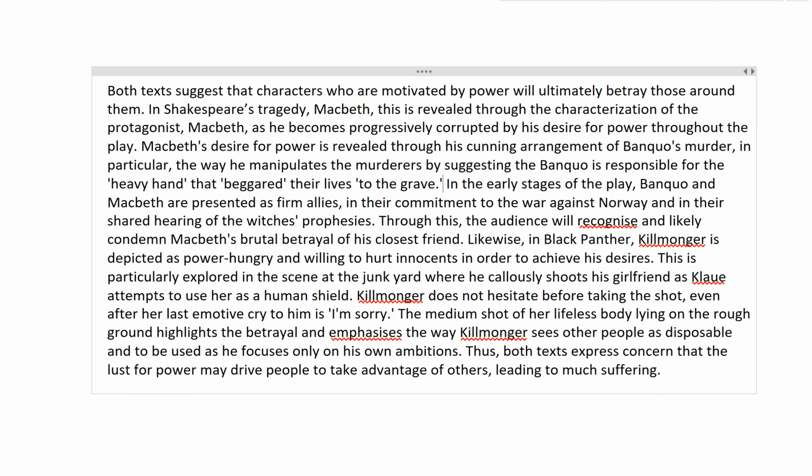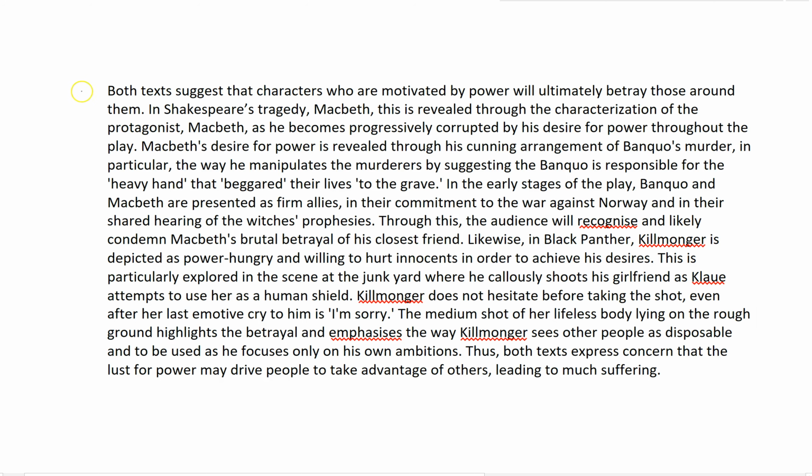So this is just a paragraph that is to do with the topic that we've been looking at, which is that people who are power hungry will lead to destruction, or that being overly ambitious will lead to their downfall.